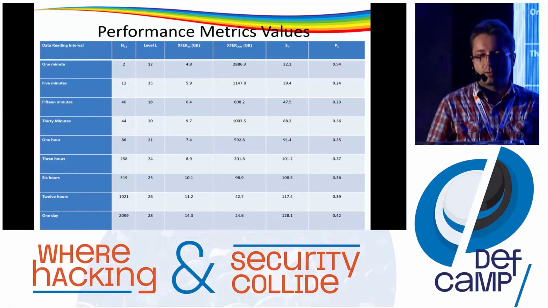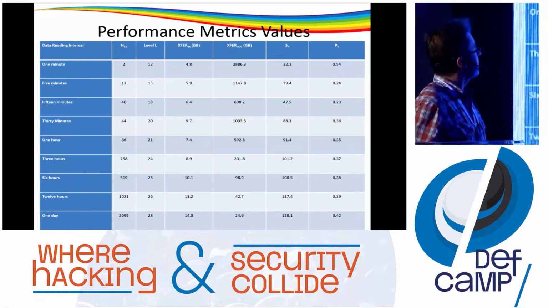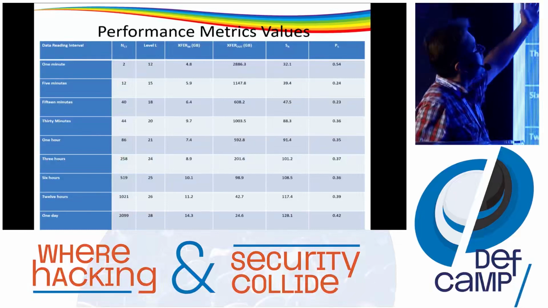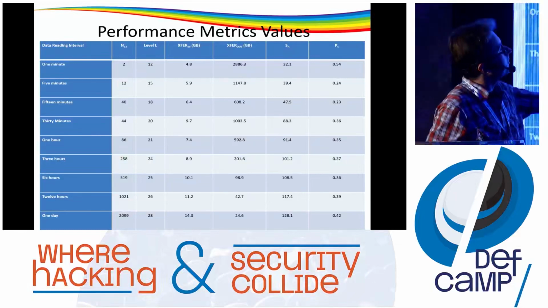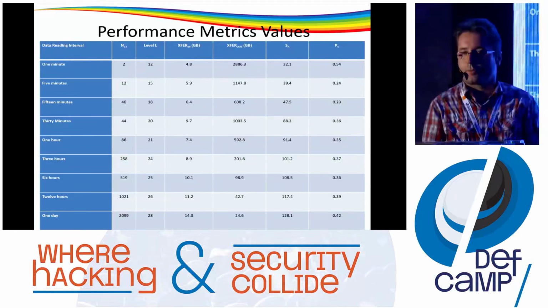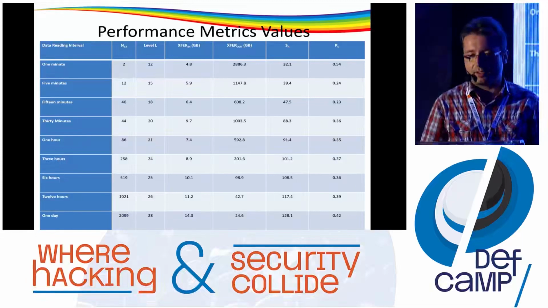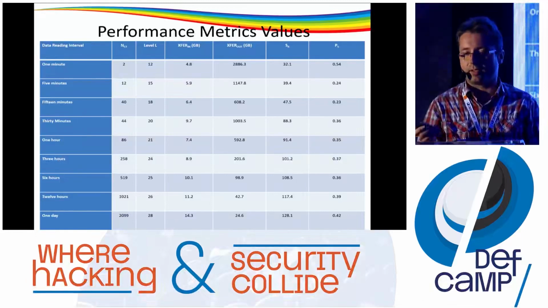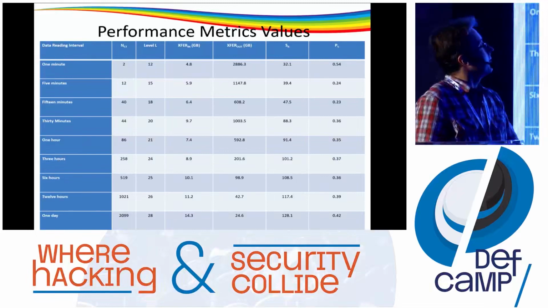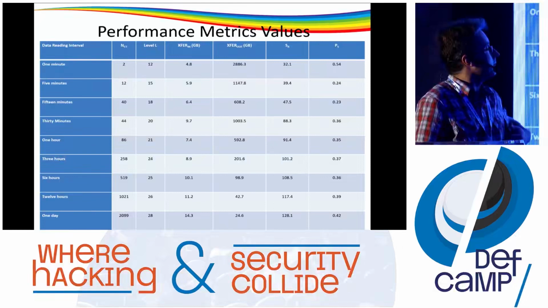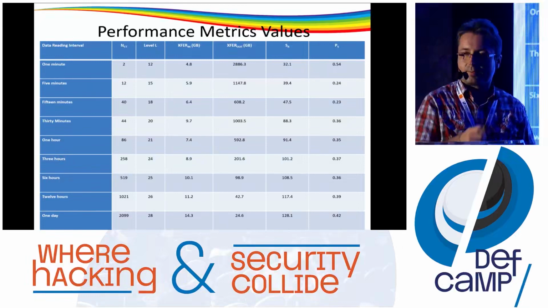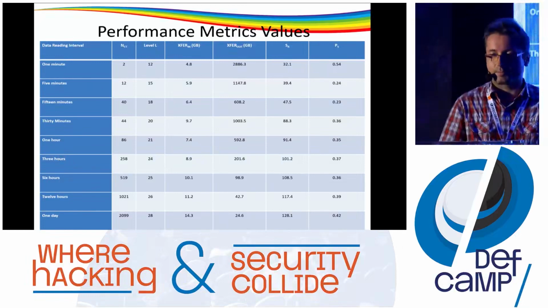In these conditions, we can see that for the most frequent data collection interval, which is every 1 minute, we have almost 3 terabytes of data that are being sent from the cloud backend to the client devices. And there are 4 gigabytes of data that are being sent in the other direction.